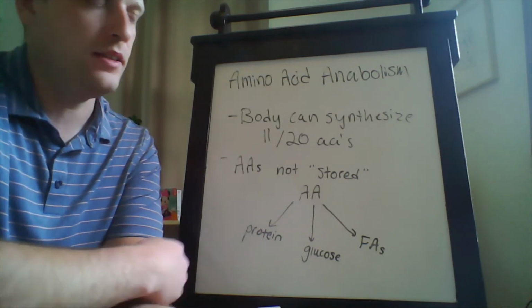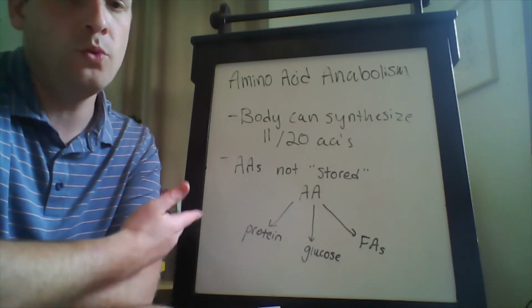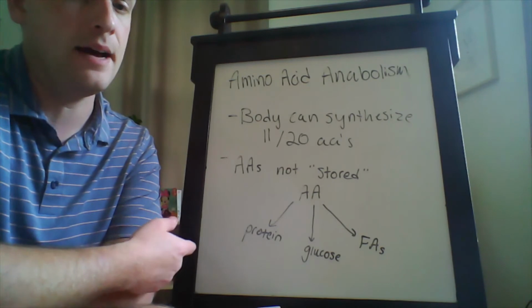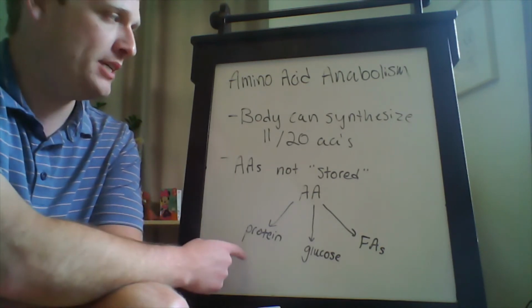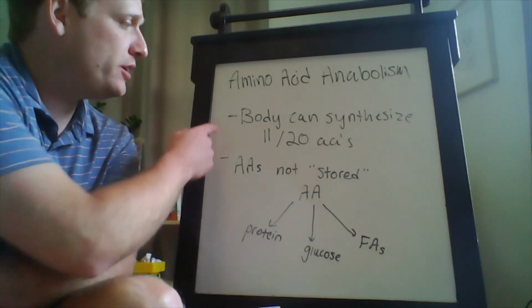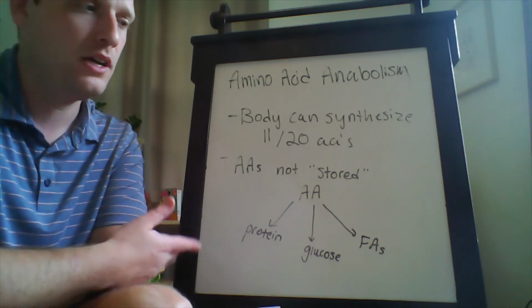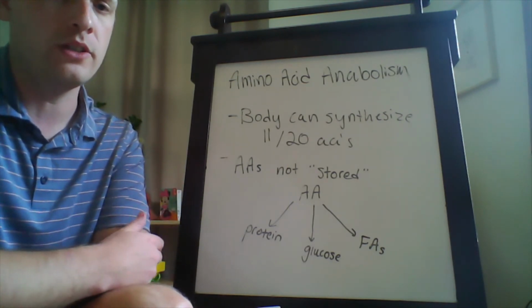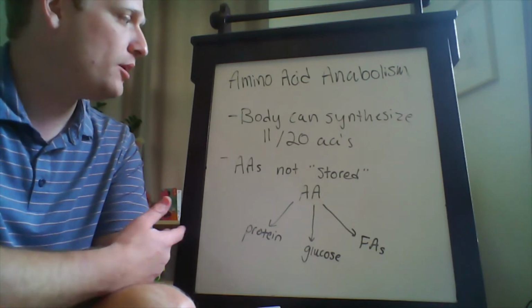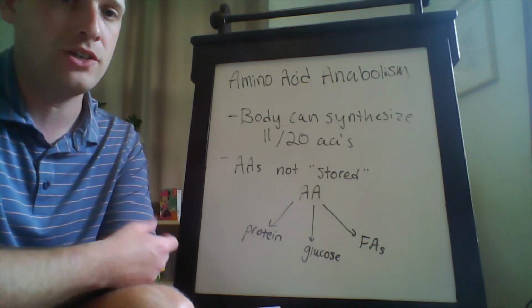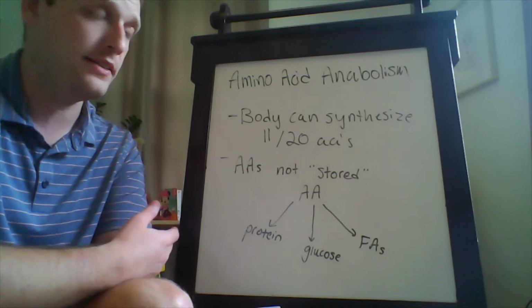Amino acids in the body, we know that one form of amino acid catabolism is protein production. But actually, going back to the synthesis of new nutrients, like you saw with glucose with gluconeogenesis, you can make new amino acids from scratch as well if your body needs them.